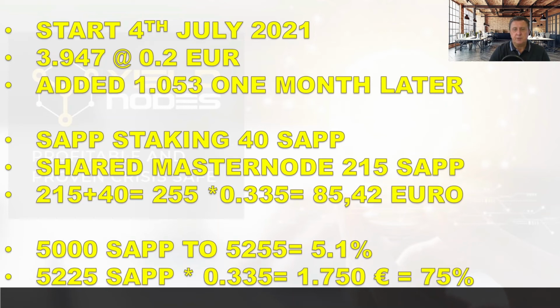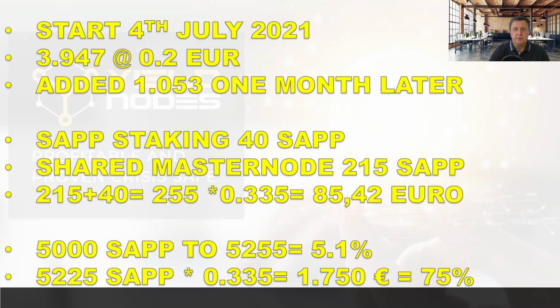After that, the Sapp staking didn't really work that well at all, especially with the small amounts, which I have commented on also in the news studio last time. So we moved all the Sapp coins, about a week ago or so, over to the shared Masternoding. So we only managed the Sapp staking of 40 Sapp that worked after the new wallet part, and that was pretty much it.